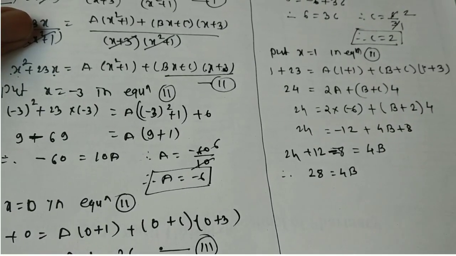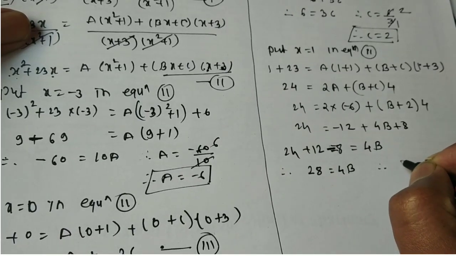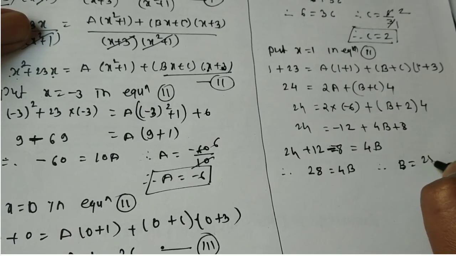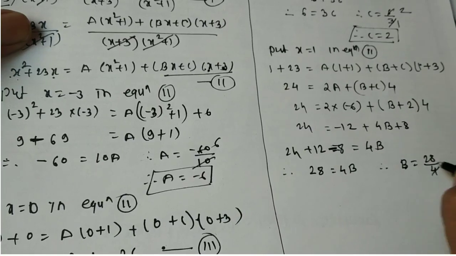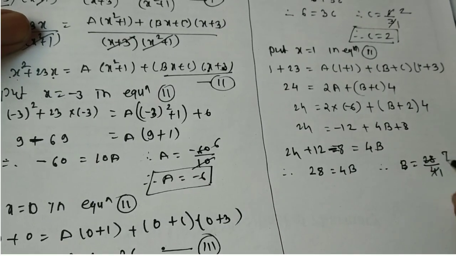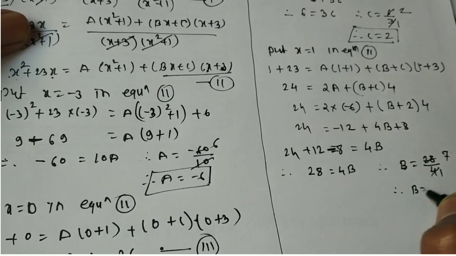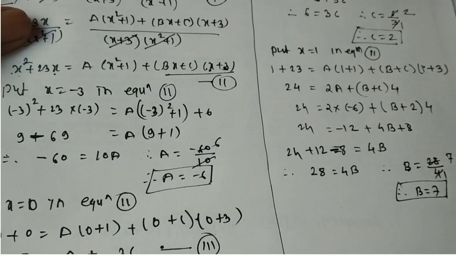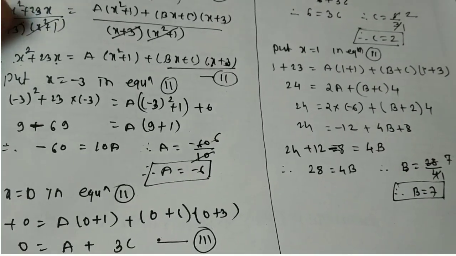Correct? So therefore b equal to, what you will write? 28 divided by 4. So 4 1s are 4, 4 7s are 28. So b is 7. So therefore b is 7.